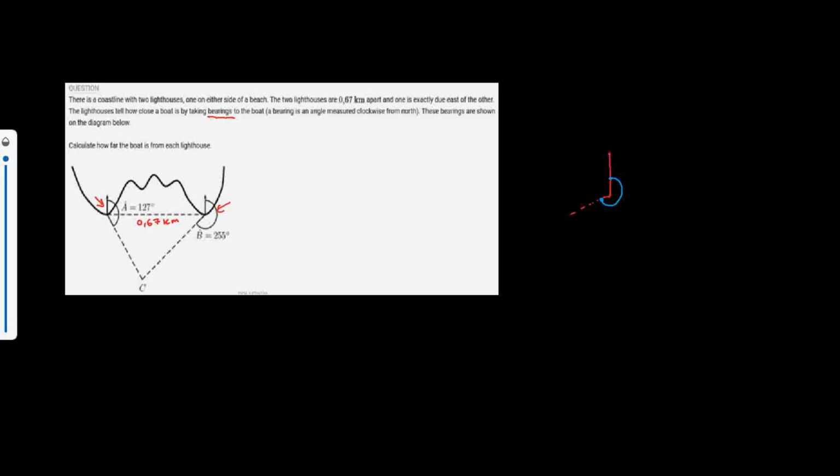Calculate how far the boat is from each lighthouse. So where's the boat? This is the boat here, at point C. Very interesting question. Let me actually redraw the triangle. This question needs some space.